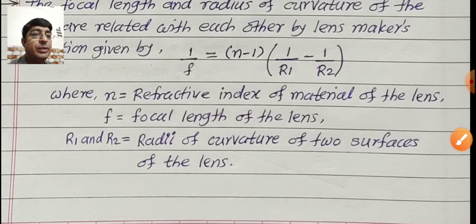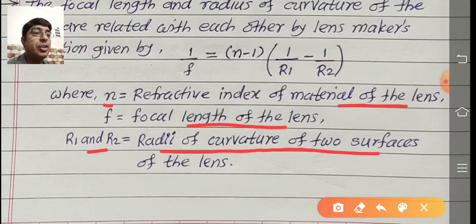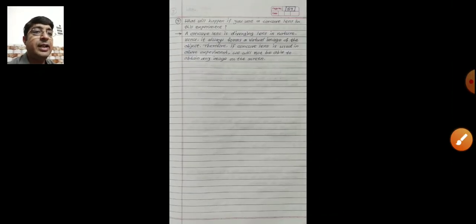Where, what is the meaning of those terms? n means the refractive index of the material of the lens. Small f means the focal length of the lens. R1, R2 mean the radii of curvature of the two surfaces of the lens. With the help of this formula, we find the answer.